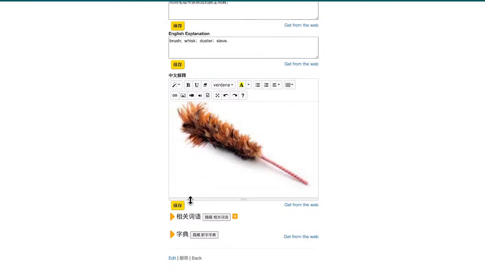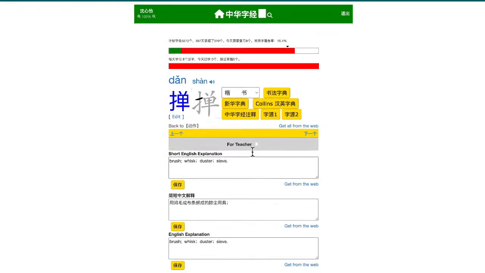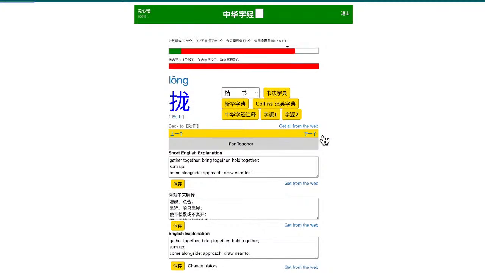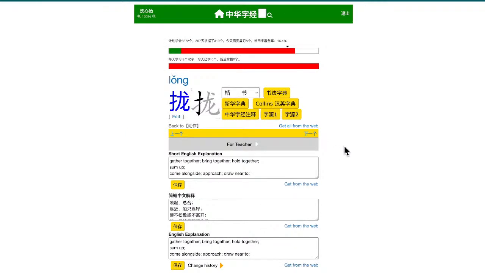Okay, that's cool. 单词, and next one, 拢. 拢 means gather together, bring together, hold together. Just bring stuff together. So therefore it also means sum up. It also means come alongside, approach, draw near to.